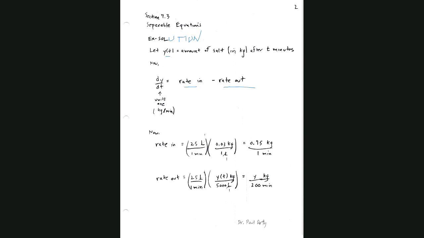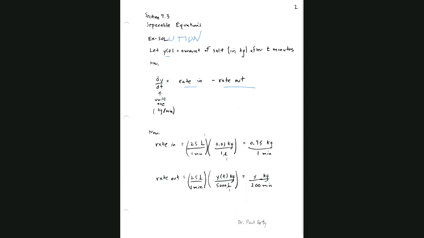And of course, the liquid coming into the tank and the rate at which you drain the tank have to be the same, or else the tank will overflow, right? That's why they say the solution is kept thoroughly mixed and drains from the tank at the same rate. The reason you need the same rate is so that the tank doesn't overflow.